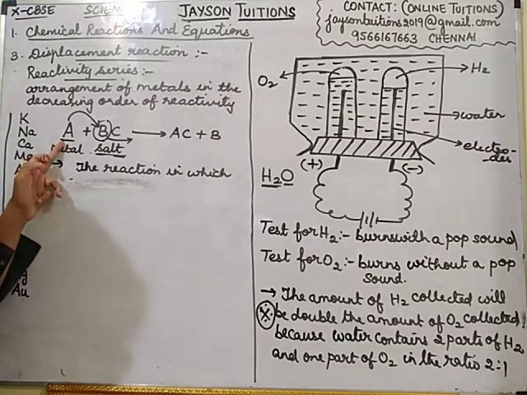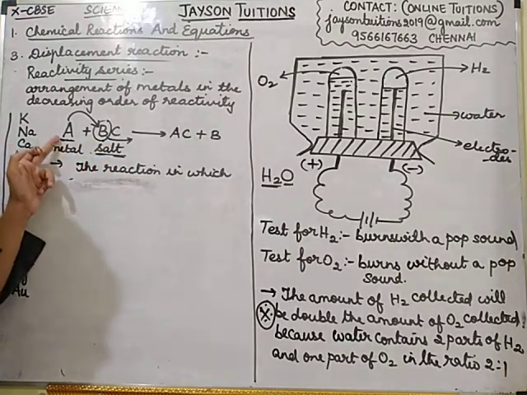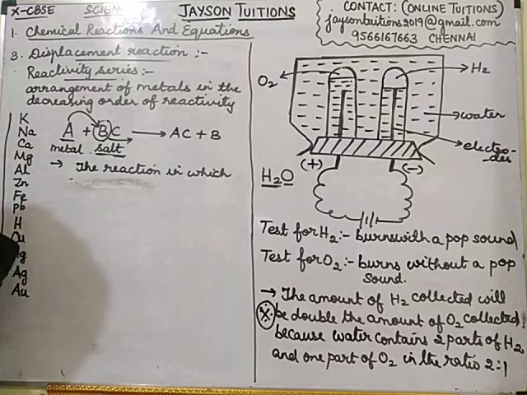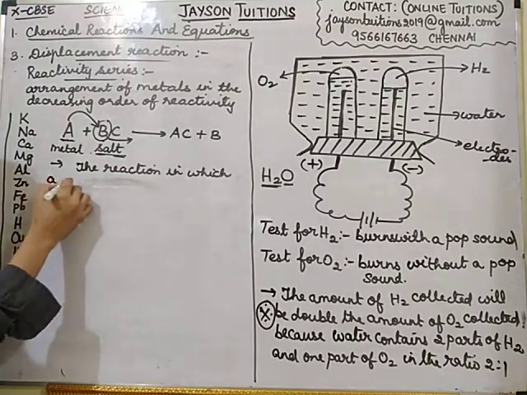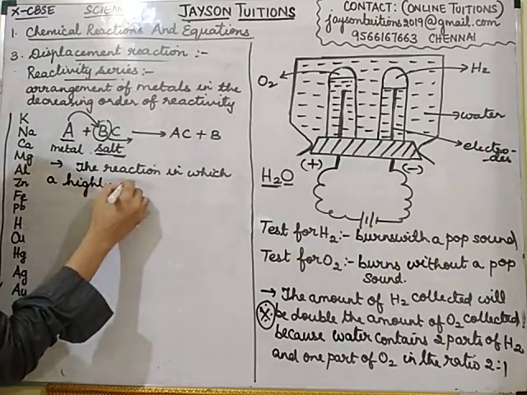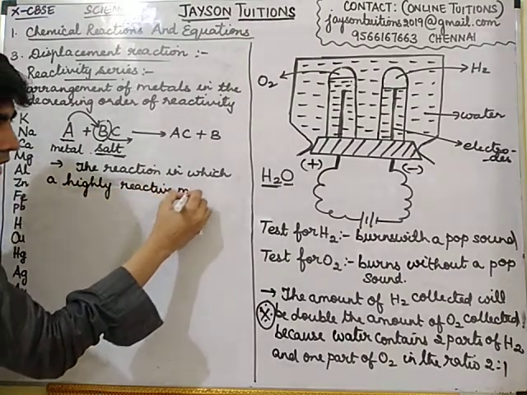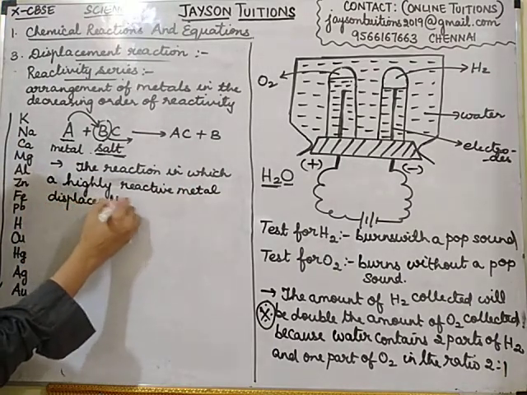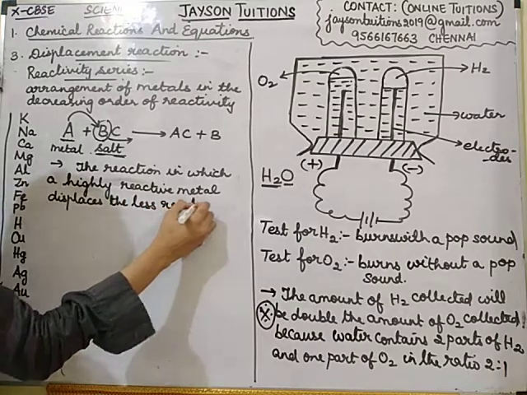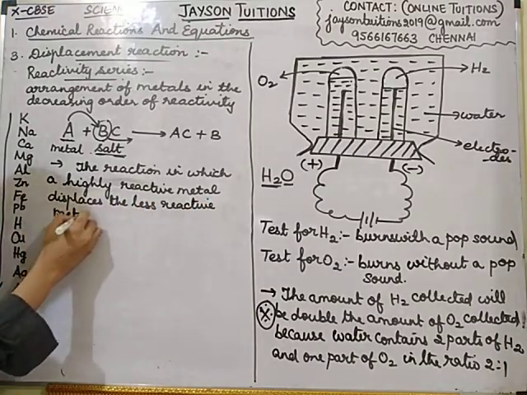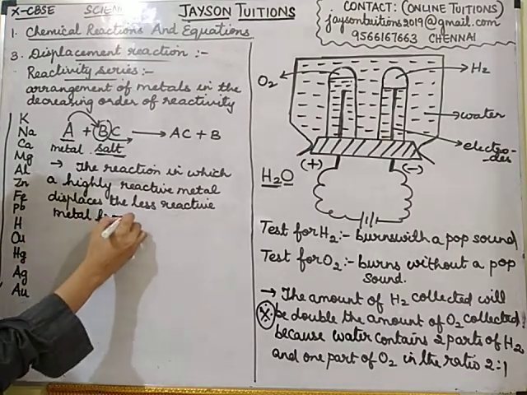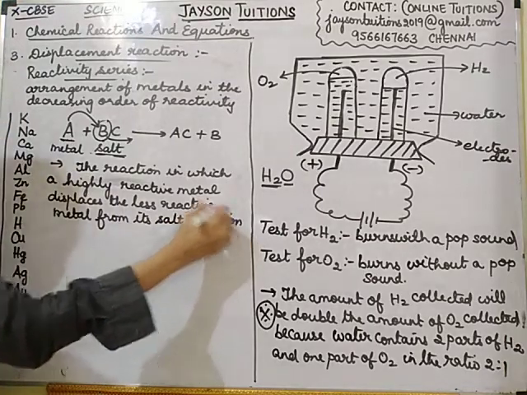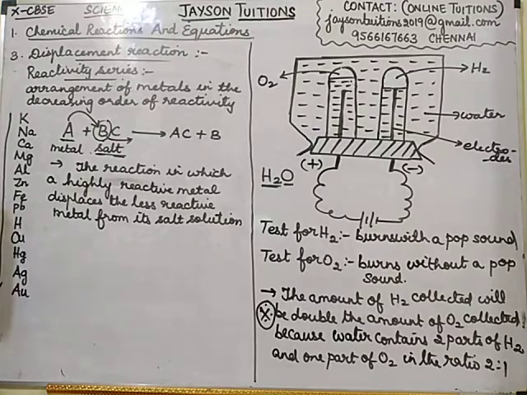Here A should be more reactive than B. Only then can A displace B. If B is more reactive, then A cannot displace B. So the reaction in which a highly reactive metal displaces the less reactive metal from its salt solution is called a displacement reaction.